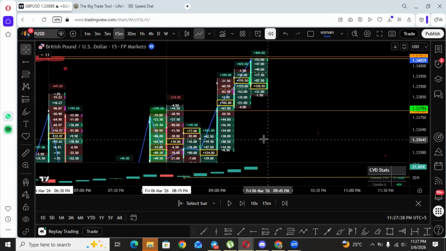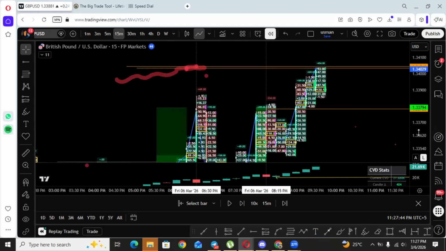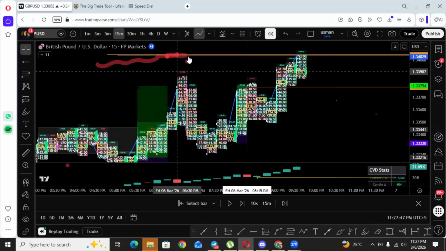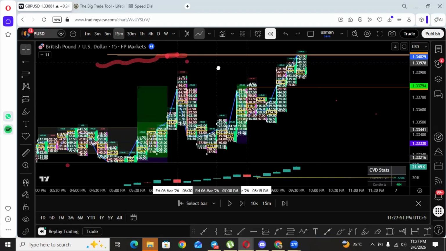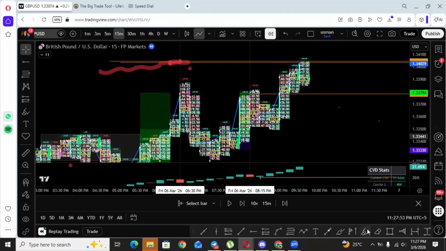Sometimes they respect the price action, sometimes they don't. So if the purpose of trading or doing all these analyses is just to get one good trade a day and close the PC, close your laptop, that's fine.